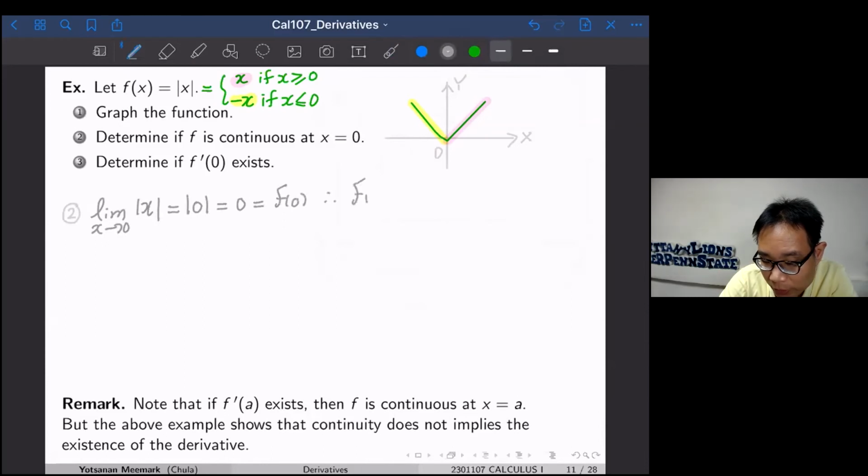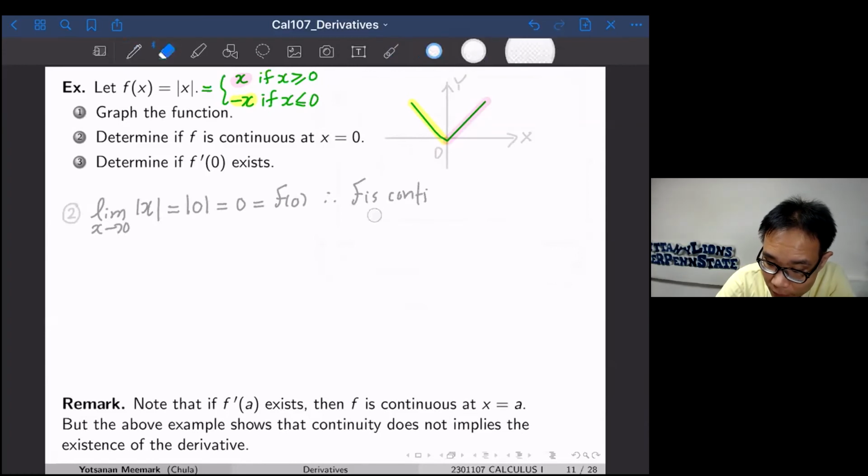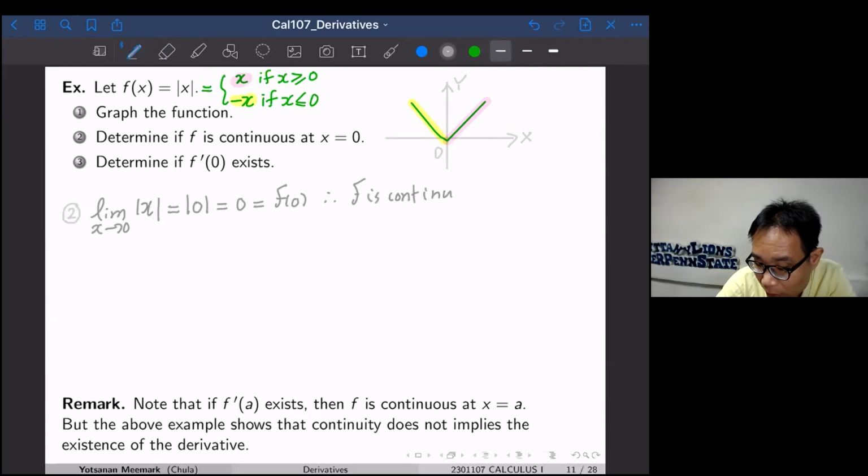So f is continuous at x equal to 0. Okay, so this one will be just this continuity.